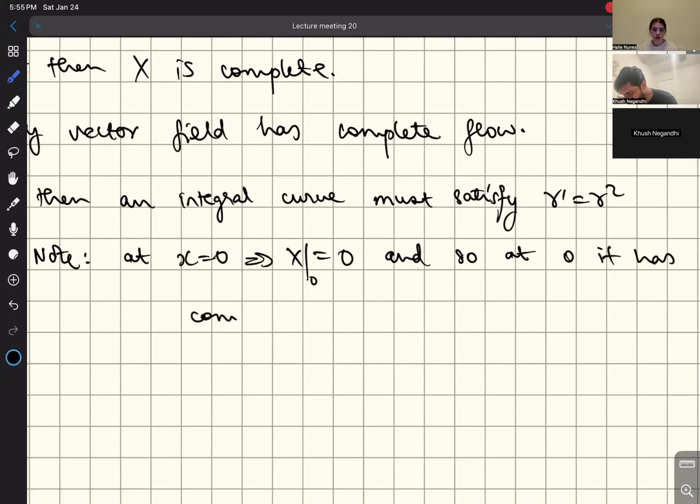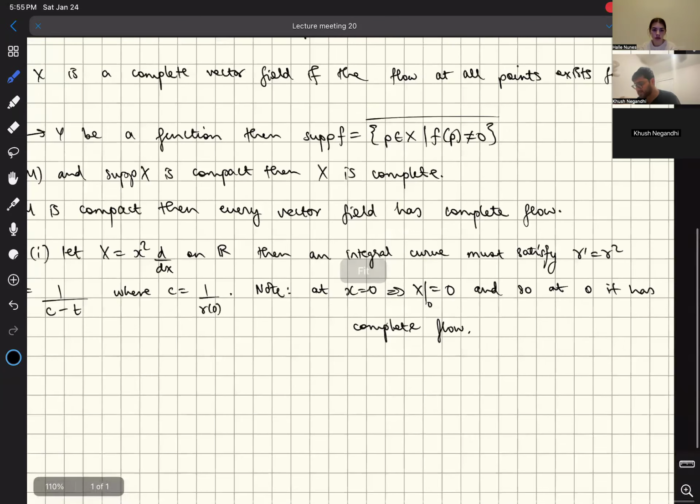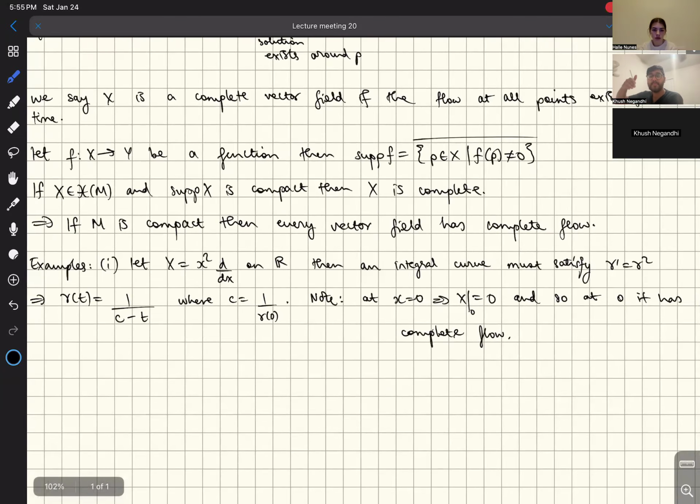The reason it has complete flow at 0 is because it's constant. It doesn't move. But you can never reach 0. If you're outside of 0, you can never reach this equilibrium solution. Does that make sense?